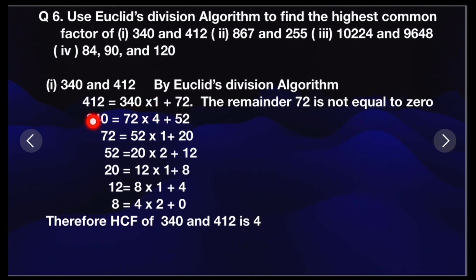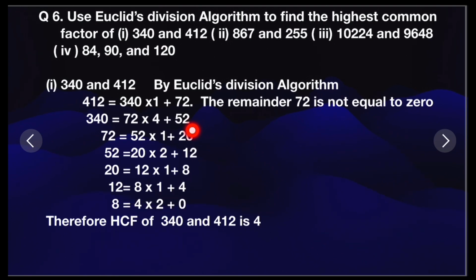So the next step, because the R is not equal to 0, we are again going to continue writing the lemmas. In this case, this B will become A. That is, the divisor will become the dividend and the remainder will become the divisor. Do the division, you will get the quotient and remainder.